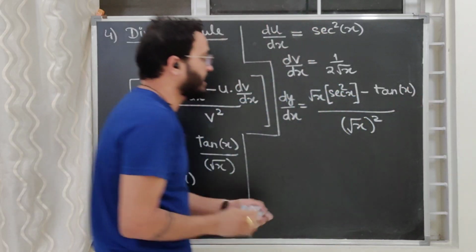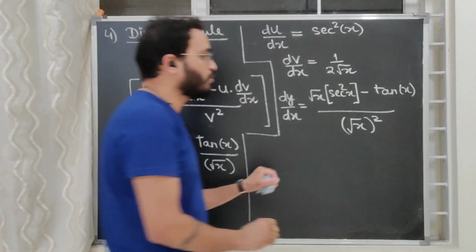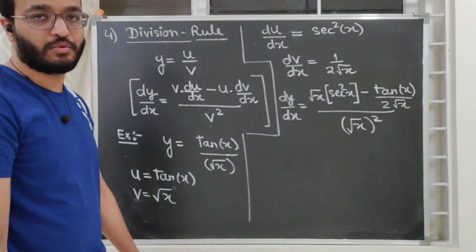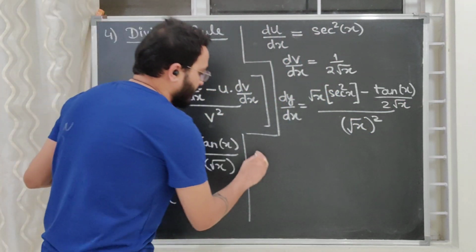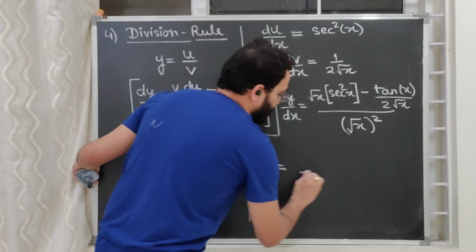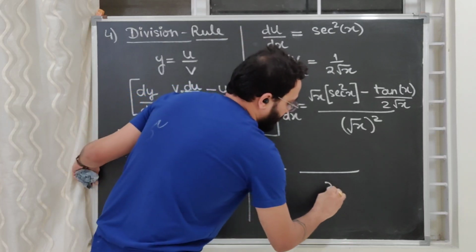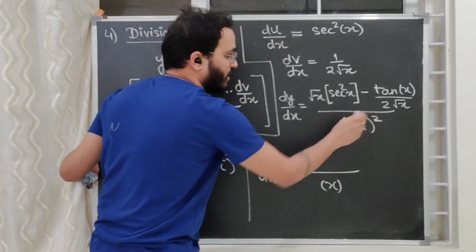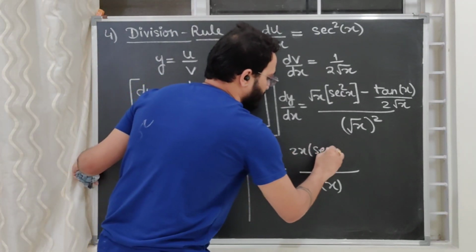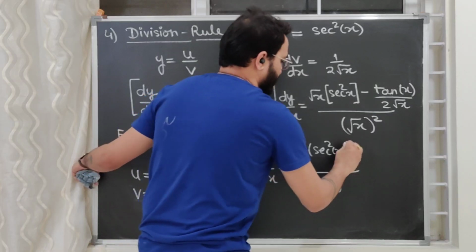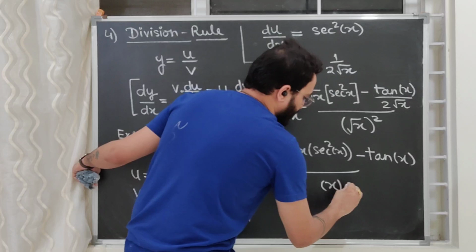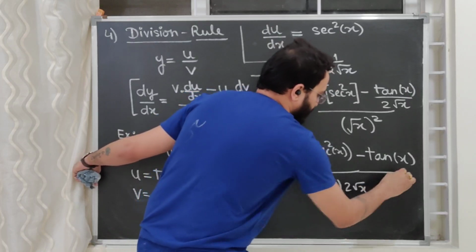And what is dv by dx? You will say, sir, dv by dx is 1 by 2 root x. Do you understand? So on simplifying you can get a very easy value. You will say, sir, the answer is very simple, root x square is x, and it will become 2x into sec square x minus tan x upon 2 root x here.